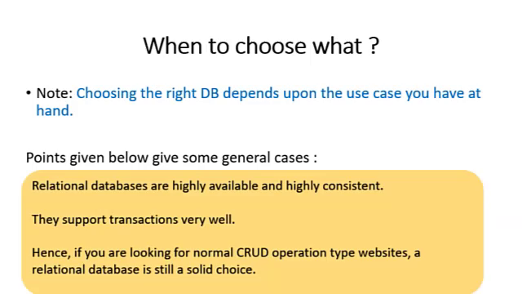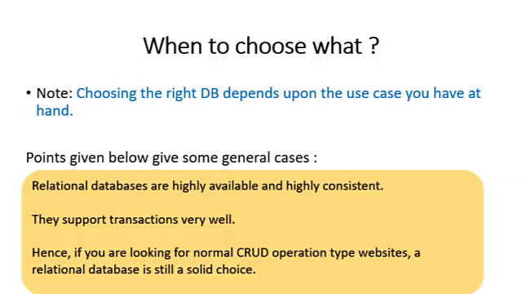So when do you use what kind of database? A general concept: relational databases are very highly available and highly consistent, and they support transactions well. So if you have a website that is mainly for CRUD operations, create, read, update, delete kind of operations, go for relational databases.